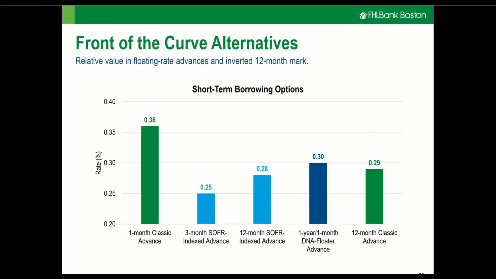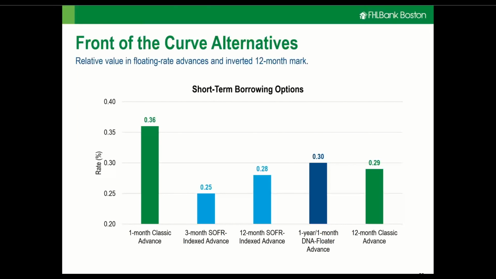That being said, there are a number of options on the front end of the curve that can be cheaper than the 1 month classic. There are two varieties of floating rate advances that are pegged to overnight indices that are forecast right now to be at current levels through at least 2022.